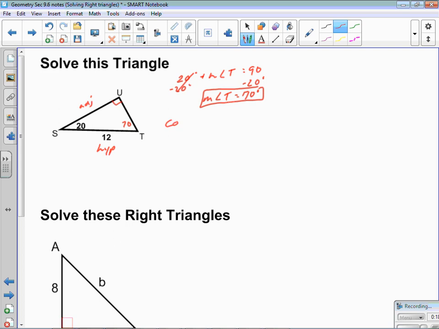So the cosine of 20 degrees is going to equal the adjacent side, side SU, over 12. And so then we would multiply by 12 on both sides.